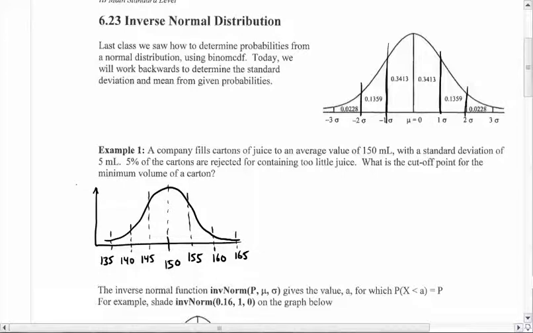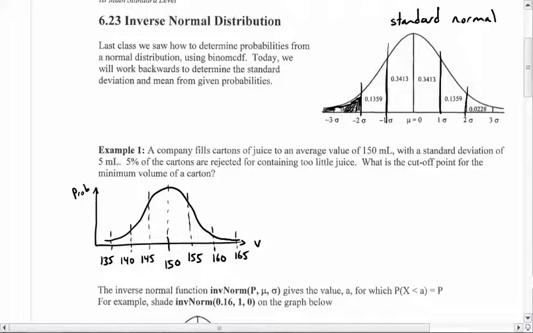Here we're graphing the probability versus the volume. So 5% is rejected for containing too little juice. Just looking at the basic standard normal graph, you can see that if you're less than 2 sigmas, then that's 2%.